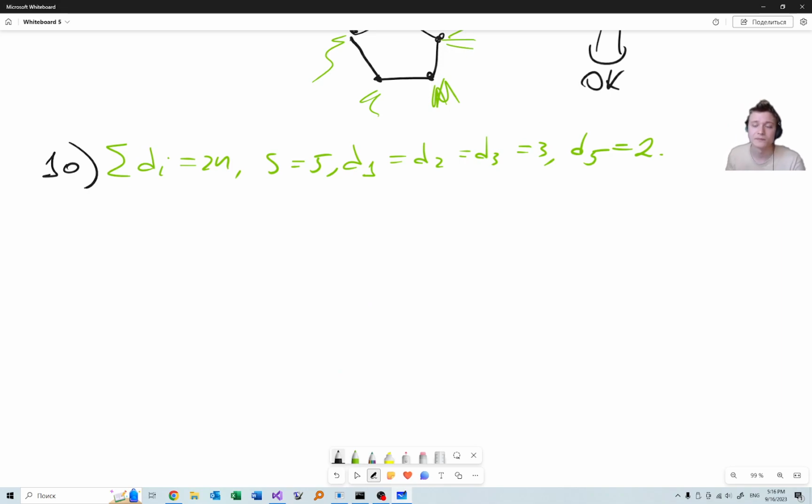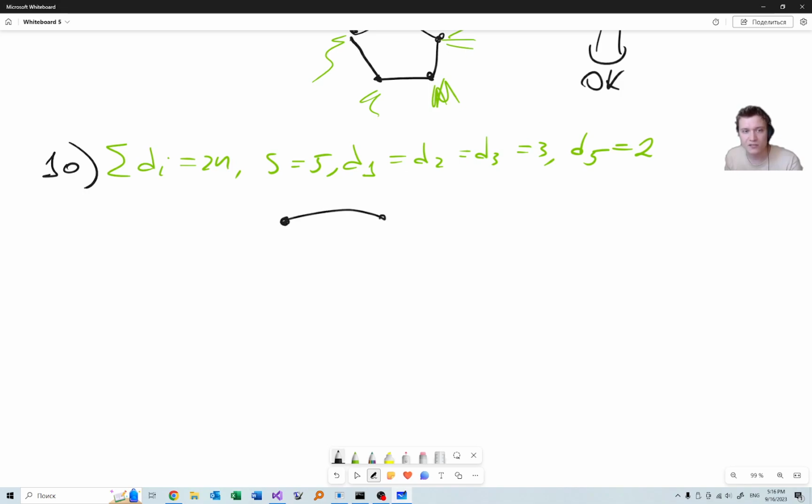This is impossible. How do you prove something like this? You just need to consider the cycle. What is the length of the cycle? If you followed the previous cases, you understand that we have a cycle in which all the degrees are at least 3. And this means that we have one of these 3 cases.